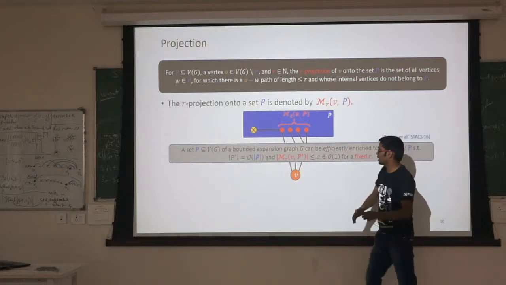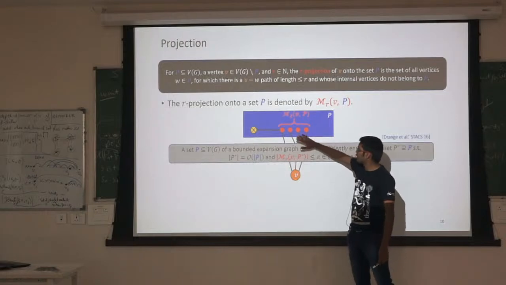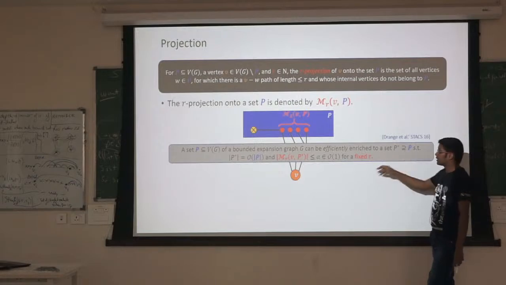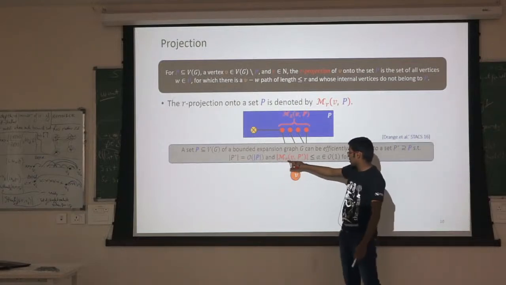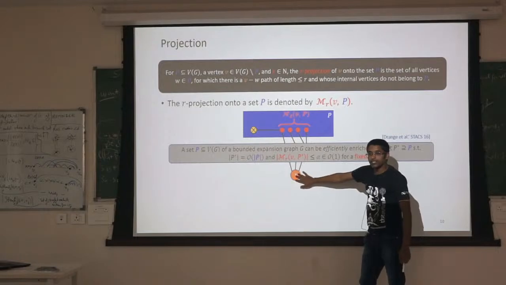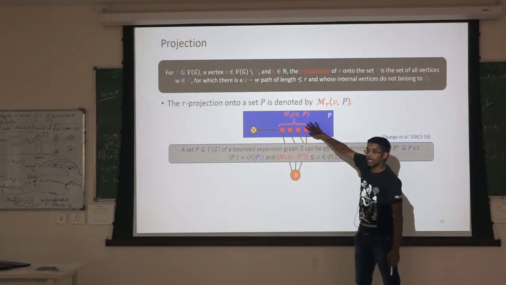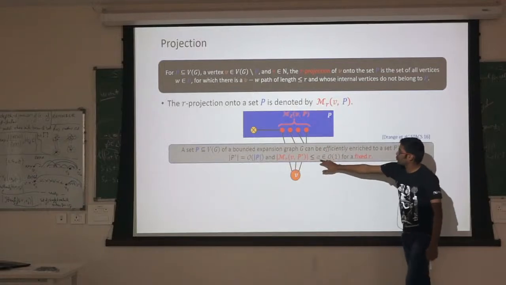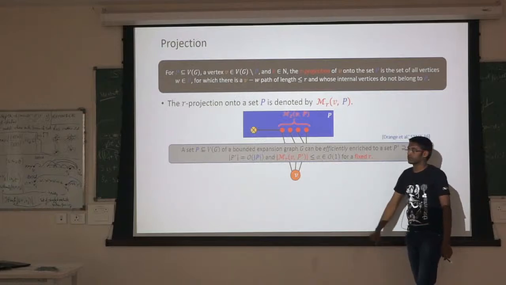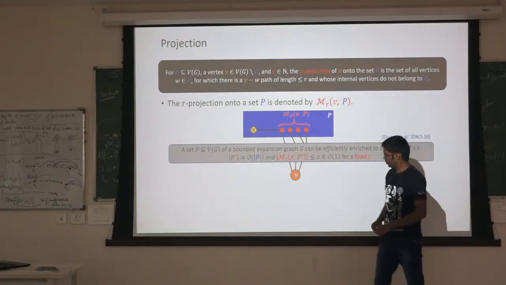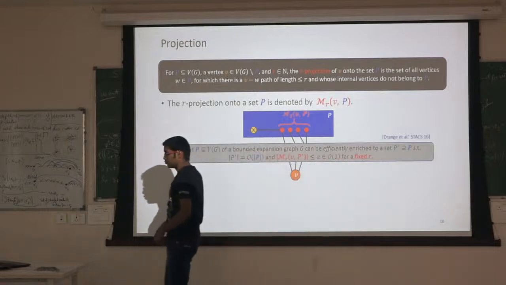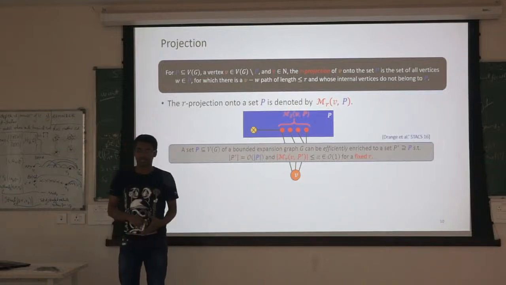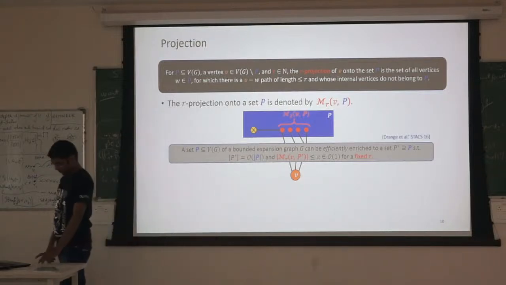Maybe this set itself does not have the property that we wanted, but you can enrich it into, say, P star, which is a superset of P, such that if you look from this vertex, the things which are at a distance R, for any fixed R, are bounded by a fixed constant. Let's call this alpha. And this was a result by Rangatel, who solved the first kernel for bounded expansion and lower density graph classes. Okay?